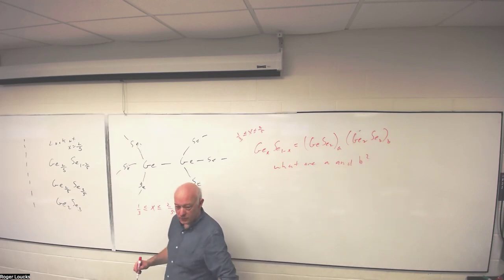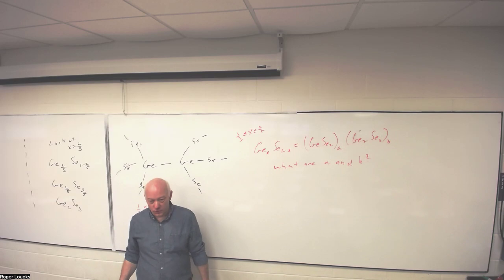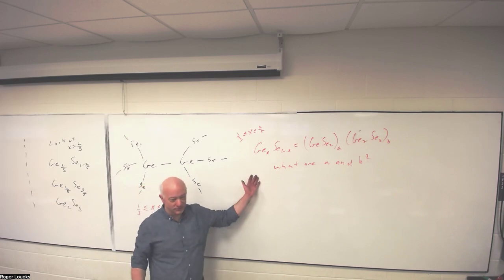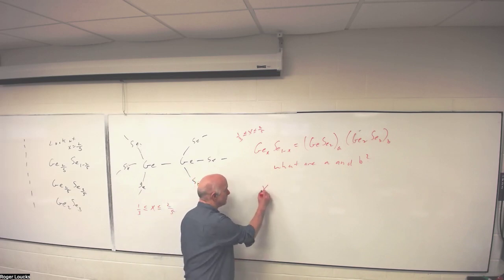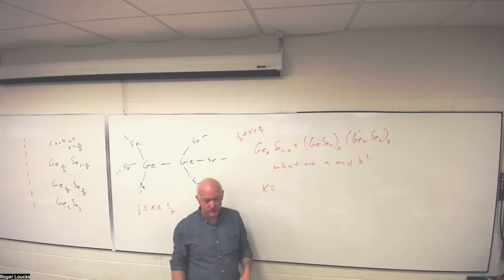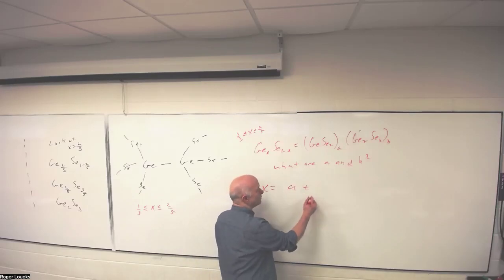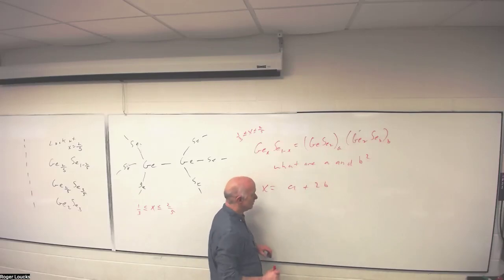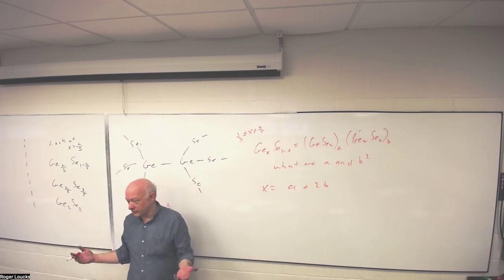Now we get to count more. There's a reason we spent time on counting. On this side here, how many germanium do we have? X. On this side here, how many germanium do we have? A plus 2B. I'll do the same thing for selenium.